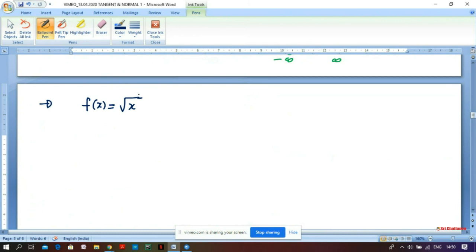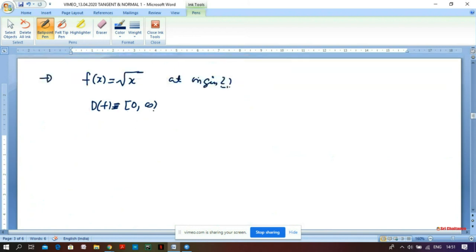Obviously, when you are given this curve and investigate at the origin for tangent, what I will do, first I know that the domain of f is 0 including, to infinity. It is defined for all non-negative reals, thanks to the radical sign, the square root sign sitting over here. So f of x is square root of x, and the domain is non-negative real numbers.